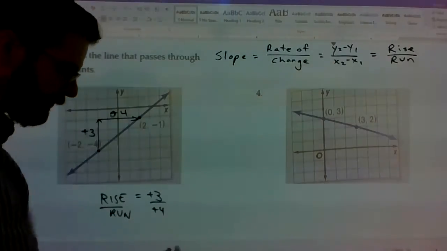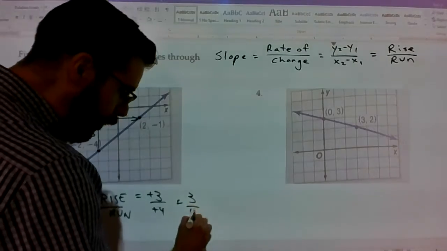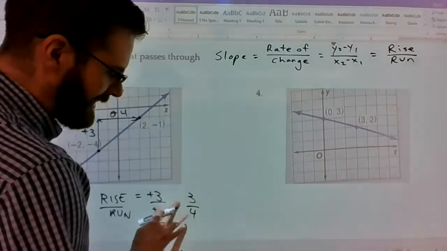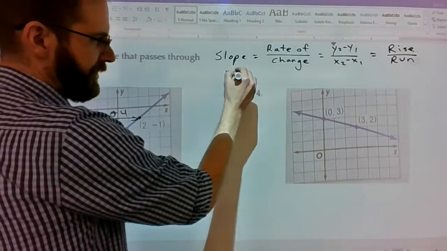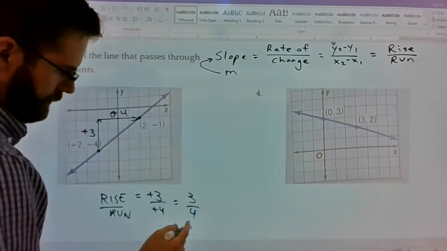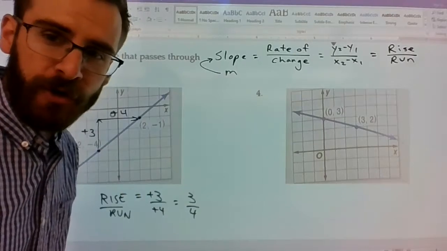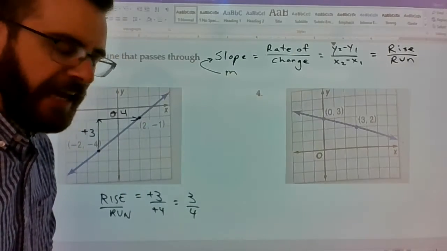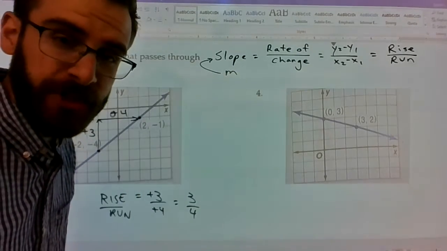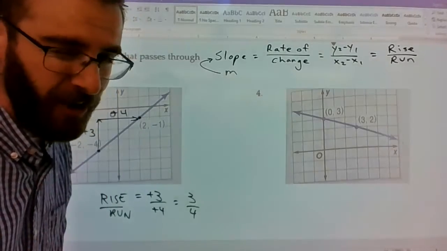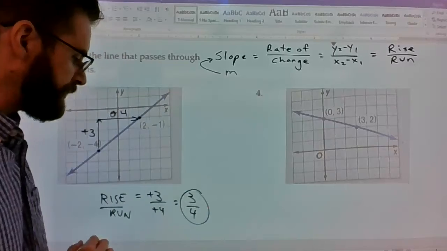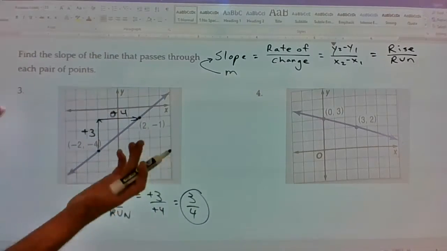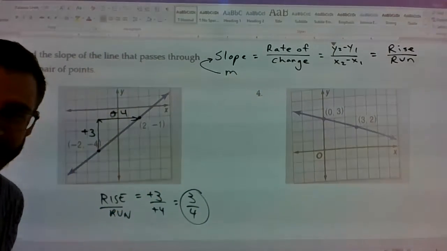Okay, my rise over run is 3/4. My slope is 3/4. Remember, I gave you guys M also as a designation for slope. Oh yeah, I had a student who confirmed with me that the M stands for monter. It's the French word for to climb because René Descartes, you know? So, thank you, sir. I appreciate it. So 3/4 is going to be my slope. That's it. That's all you got to do.